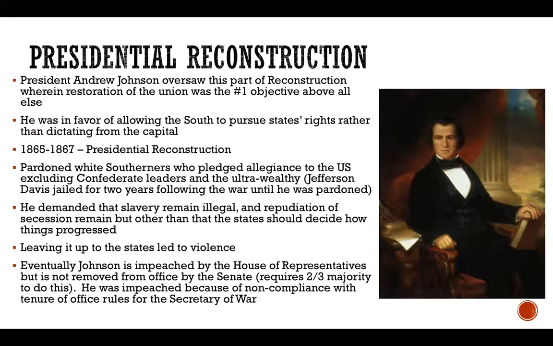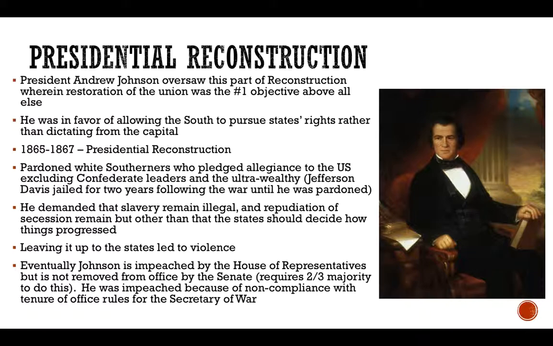Eventually, Andrew Johnson is actually impeached by the House of Representatives. He's not removed from office by the Senate, which requires a 2/3 majority. There has been talk of this in the last couple of decades, where people wanted the president to be impeached. So this has been explained over and over again in recent times.